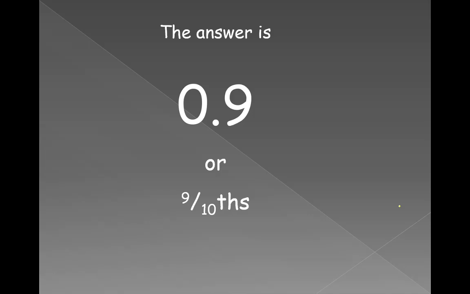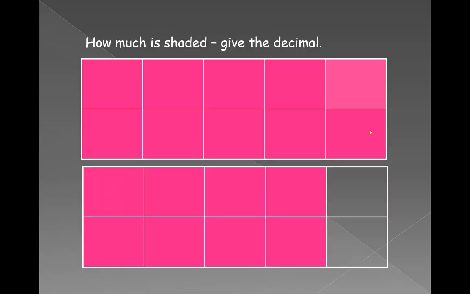In this one, we've got one rectangle with all the squares shaded in, and one rectangle with 1, 2, 3, 4, 5, 6, 7, 8, with 8. So that gives us 10 tenths, and how many tenths down here? 8 tenths. Cool. 10 tenths, that's the same as 1, right? 8 tenths is the same as 0.8.